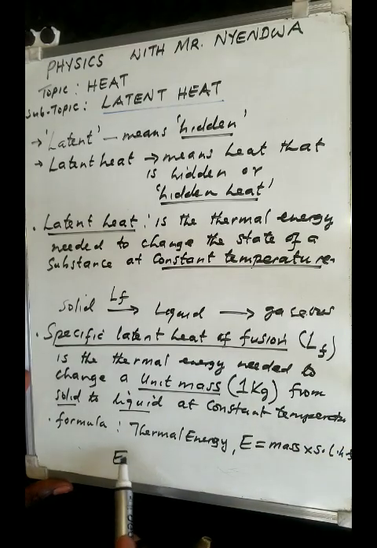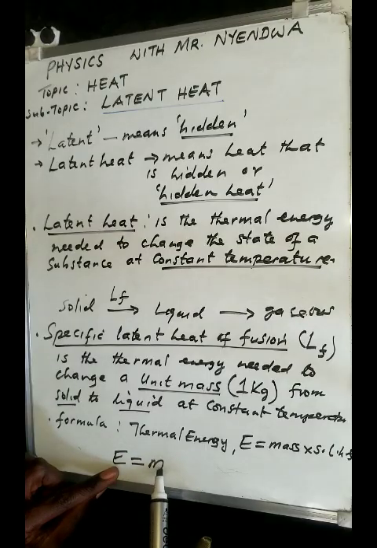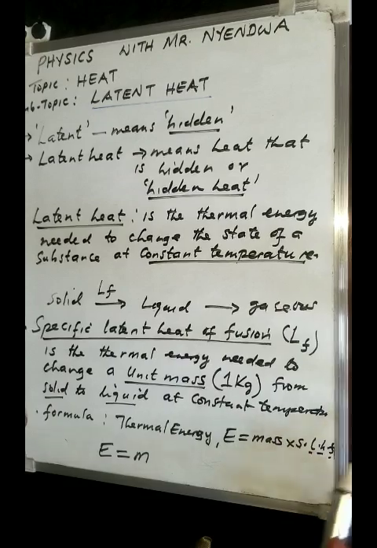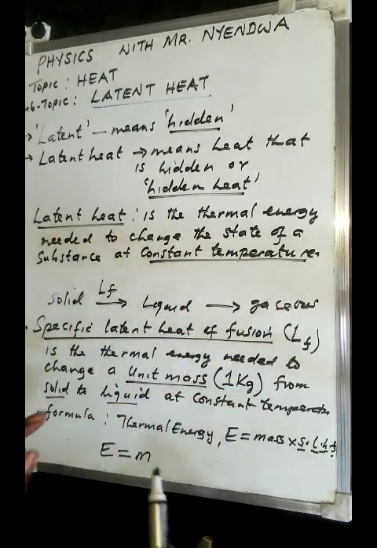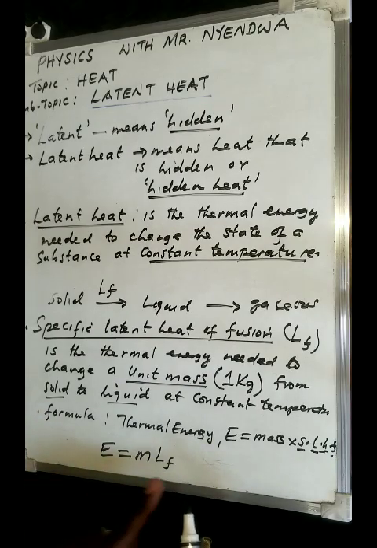In other words, E, the thermal energy that is needed, will be equal to the mass multiplied by the specific latent heat of fusion. The symbol that we use for specific latent heat of fusion is L, and a small f.